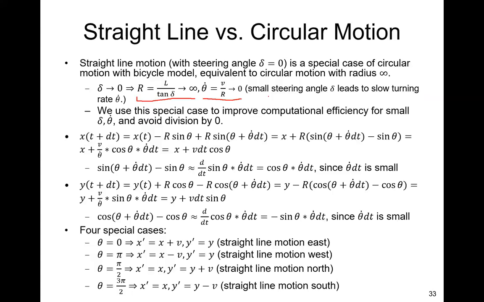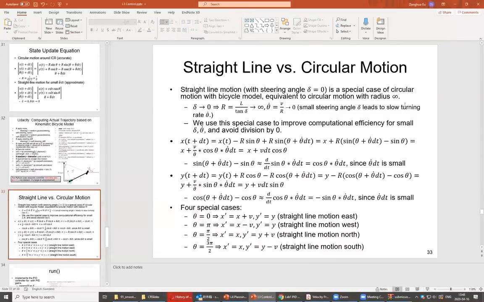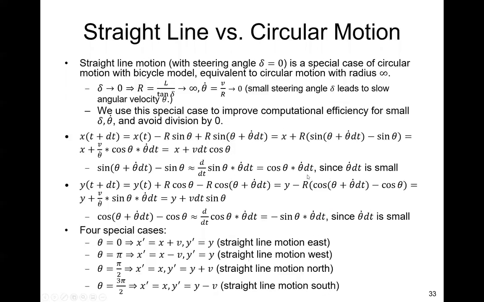Which is intuitive because a small steering angle delta leads to a slow turning rate, slow angular velocity. That's the better term. Oh, okay, yeah, theta dot.